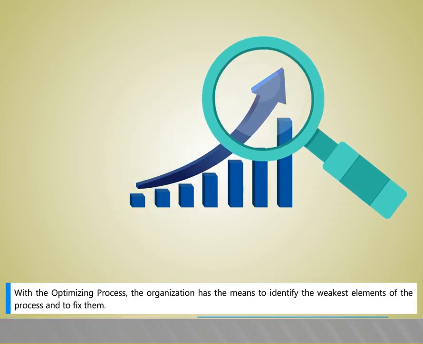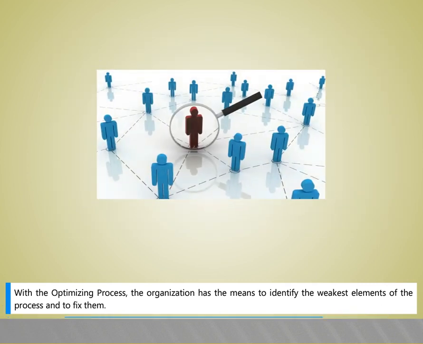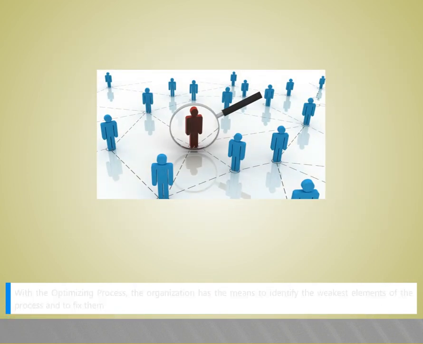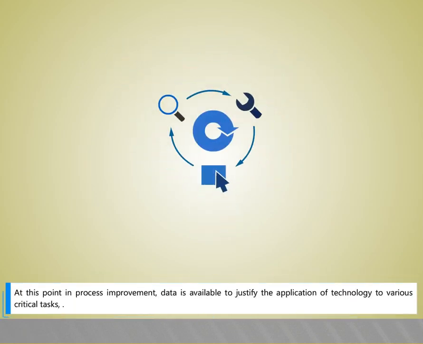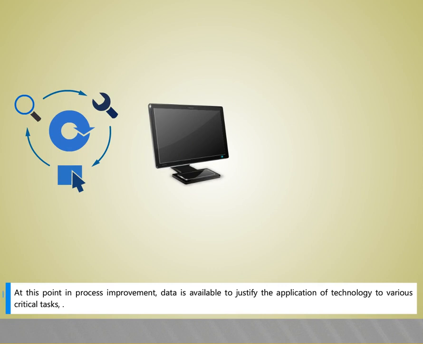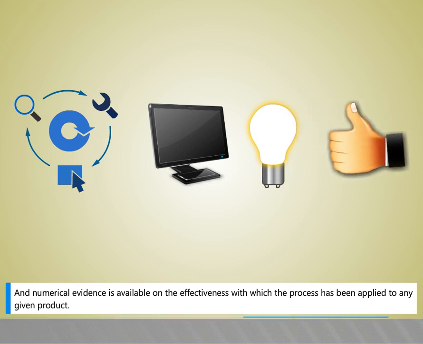With the optimizing process, the organization has the means to identify the weakest elements of the process and to fix them. At this point in process improvement, data is available to justify the application of technology to various critical tasks, and numerical evidence is available on the effectiveness with which the process has been applied to any given product.